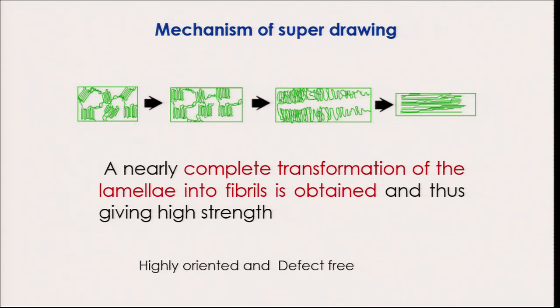The folds open up, the polymer chains open up, and slowly all these crystallites get connected into lesser and lesser number of connected points, and they result in a structure which has highly oriented and aligned polymer chains along the fiber axis, which is shown in the last part of this drawing mechanism, right. So, this is what is super drawing.